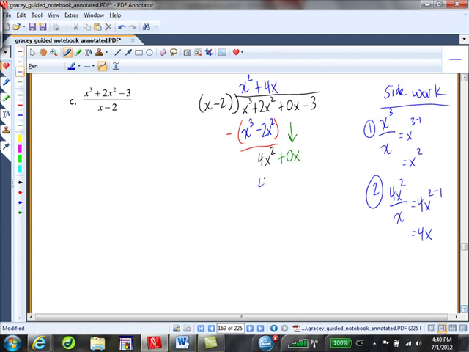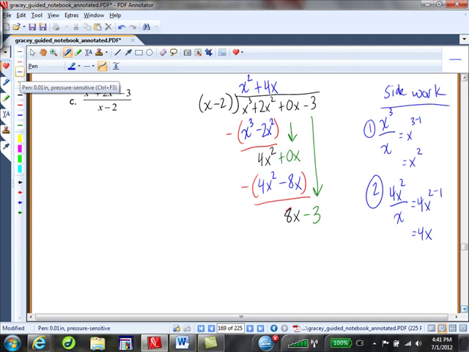Distributing, we get 4x squared minus 8x. And we are going to subtract this binomial. The 4x squared zeroes out as we wanted, and then minus a minus 8x gives us a positive 8x. And then we need to bring down our next term, which is minus 3.